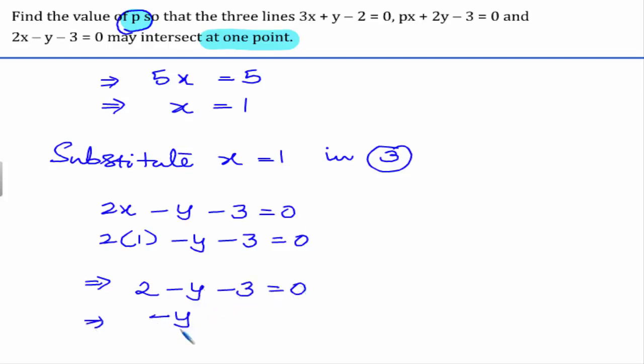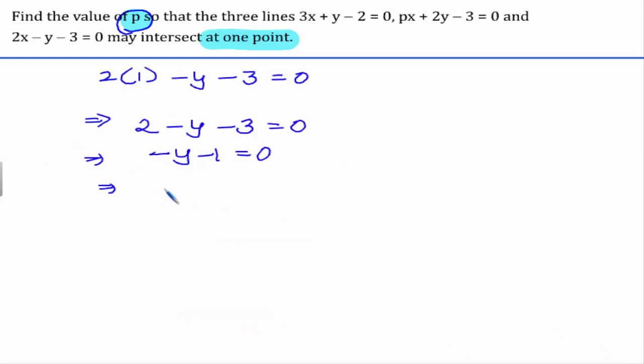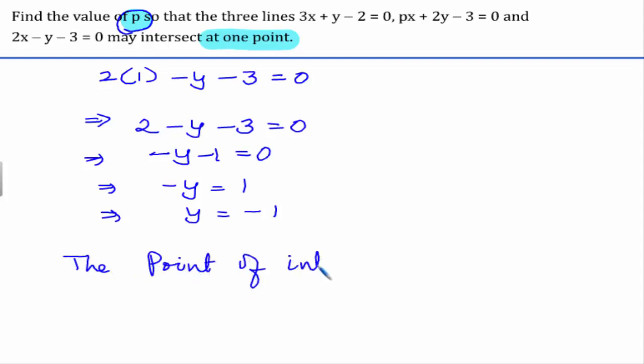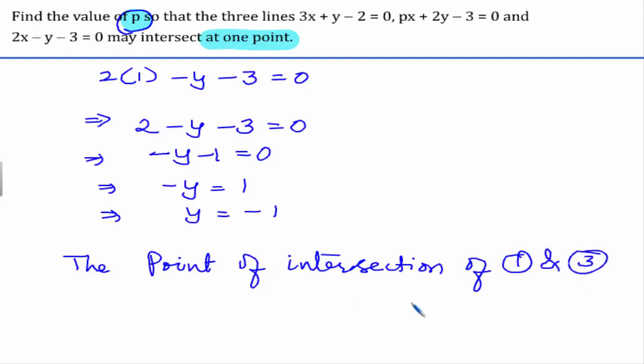So minus y minus 1 is equal to 0. So minus y is equal to 1. That implies y is equal to minus 1. So the point of intersection of equations 1 and 3 is, here we got x as 1 and y is minus 1.